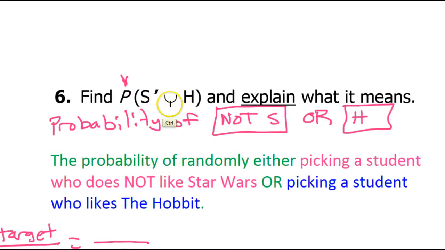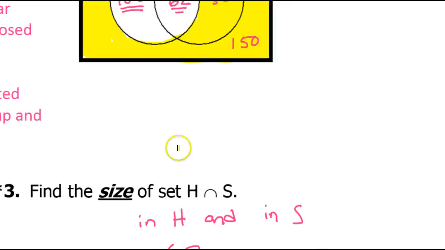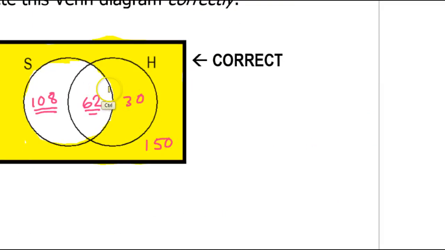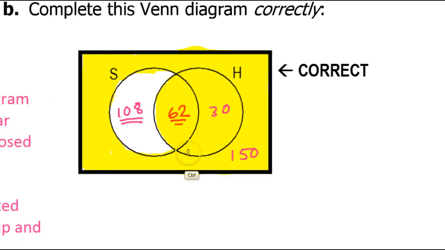Okay, so we want all of that. And when we're doing a union problem, we will also shade all of the other thing. H represents the students who like The Hobbit, so we're going to shade in all of the H. Most of the H is already shaded in, but because we're shading in all of H, we need to shade in this part as well. Now this represents the union.